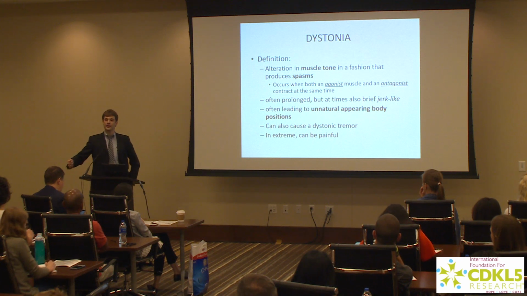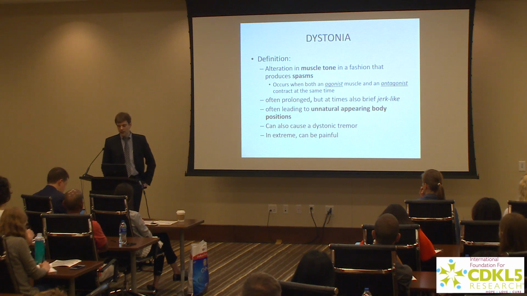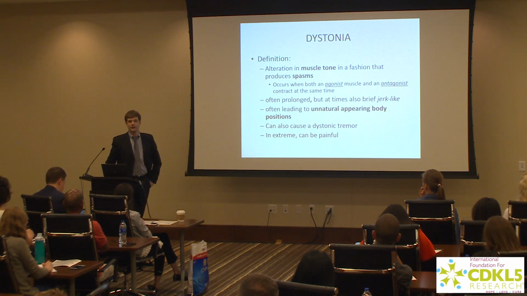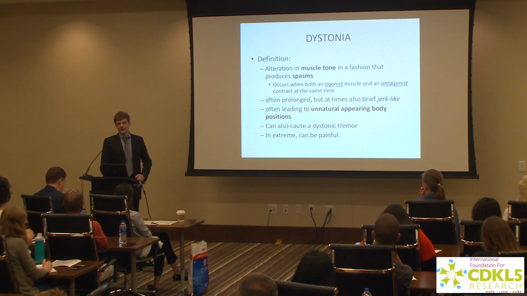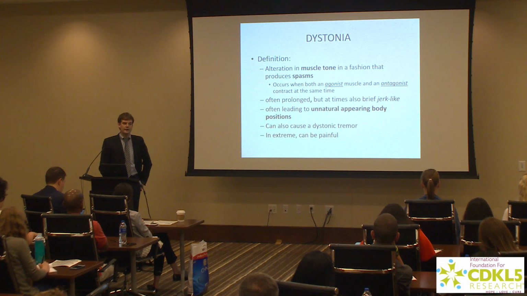You have an extremity that is held and trembles, and it is very difficult, simply by looking at that individual body part, to discern between seizures and dystonia in that condition. In the extreme, dystonia can also be painful.